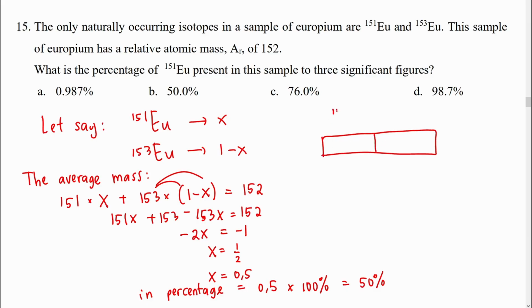So this is 151 Eu, which is 50%, and this is 153 Eu, which is also 50%. Their average mass is 152, and they all made up to 100%, right? And the question is stated in 3 significant figures, so the answer here is B.